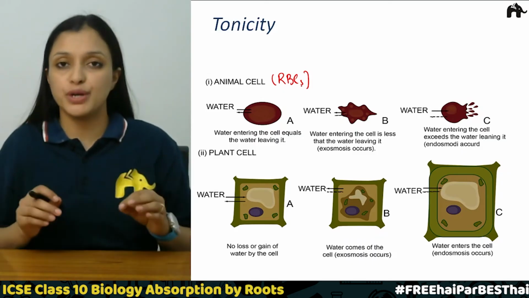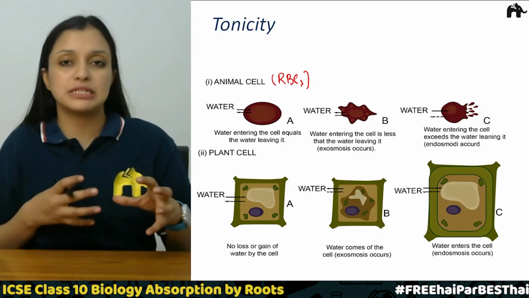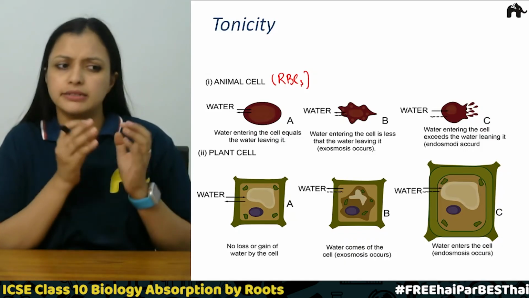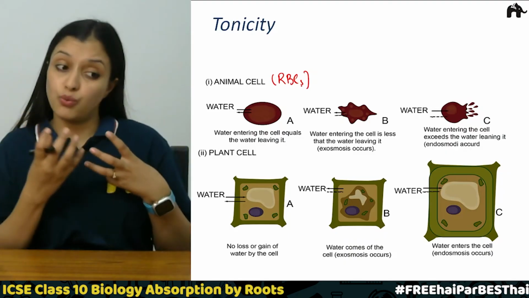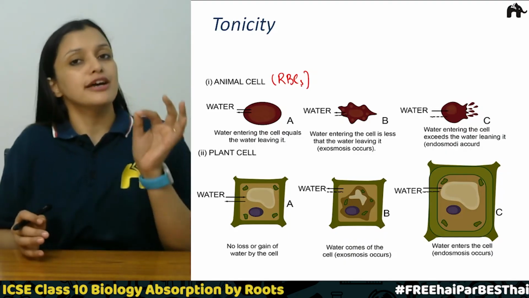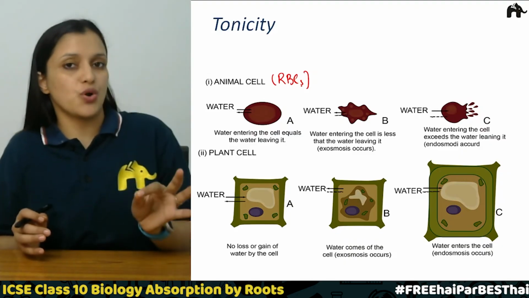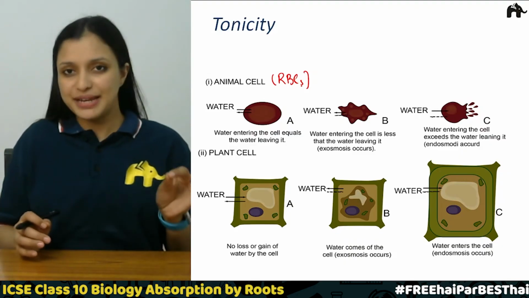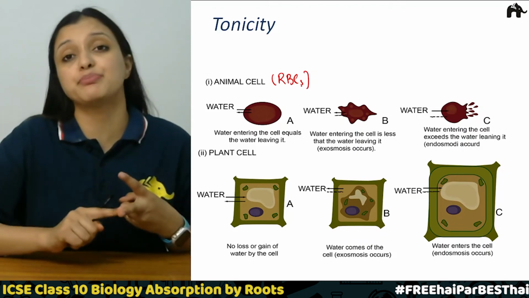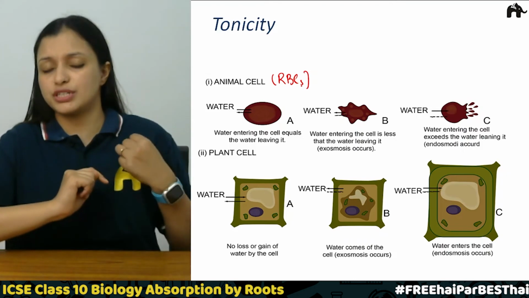We are going to perform the tonicity experiments on these cells. Looking at the diagrams and at what is written along with them, we will find out in which concentration the cell has been placed. Is it an isotonic solution, a hypertonic solution, or a hypotonic solution?